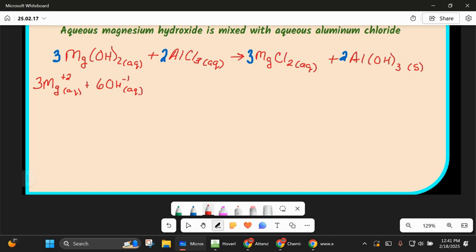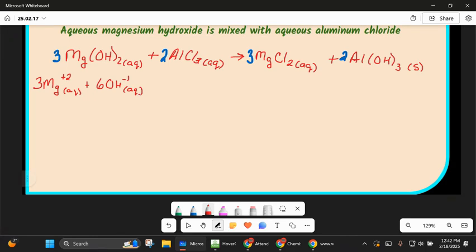Okay? So this has to create this balanced set of ions. 3 magnesium, 6 hydroxide. Any questions? Now this is also what would happen if we were to put this compound into water. So we talked yesterday, what happens if you put it into water? It either stays aqueous and breaks apart into ions, or it is a precipitate and it will settle.